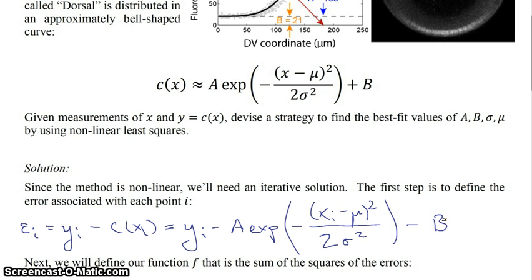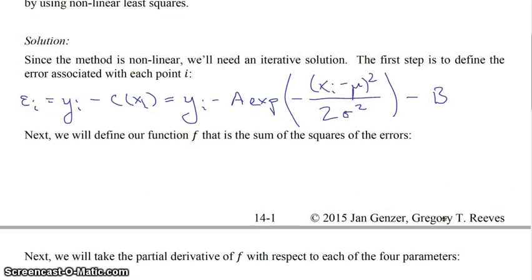Okay, and so for each point xi, yi, this is the error if we are given values of a, b, sigma, and mu. So next we're going to define a function f that is the sum of the square of the errors. So this function f, it takes in all of our data, but typically we just write it as a function of a, b, sigma, and mu. But it's a function also of all of our other data points as well, technically.